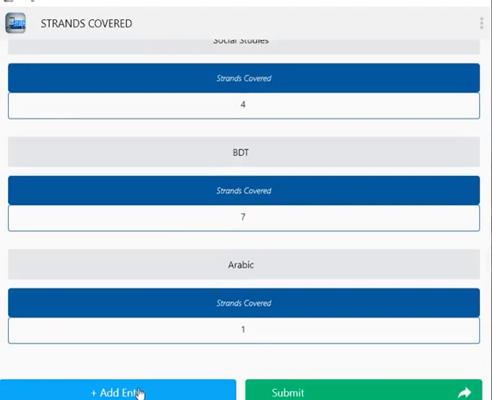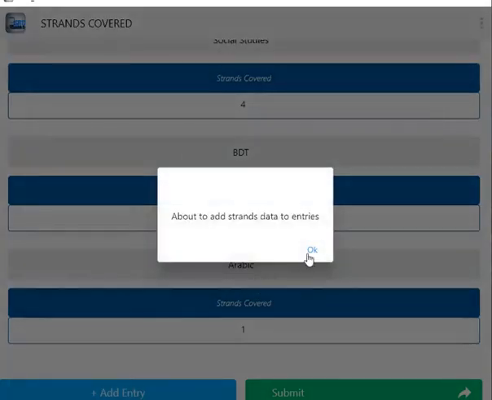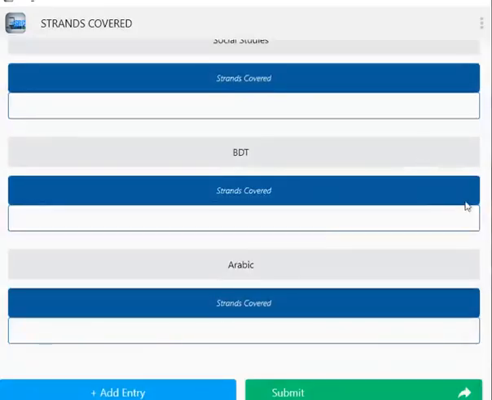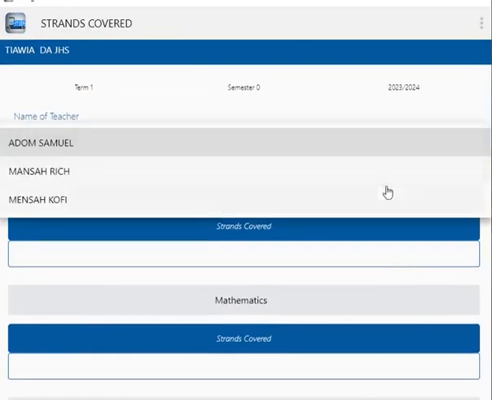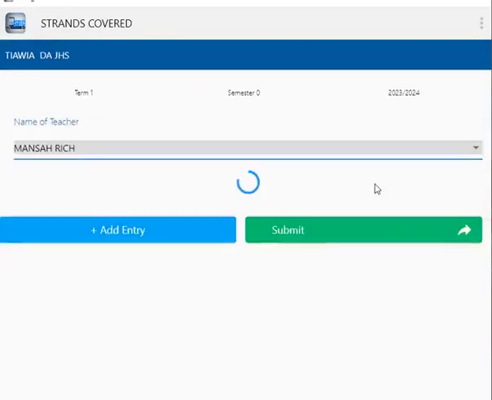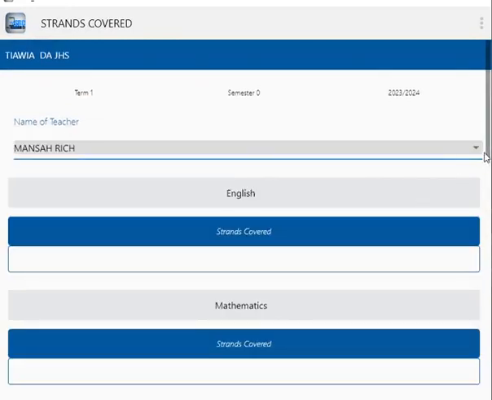So we are done with this teacher. We click on add entry, and the data is added to the entries. You continue with another teacher and scroll upwards. Let's say strands covered: 5 for English, mathematics 6.